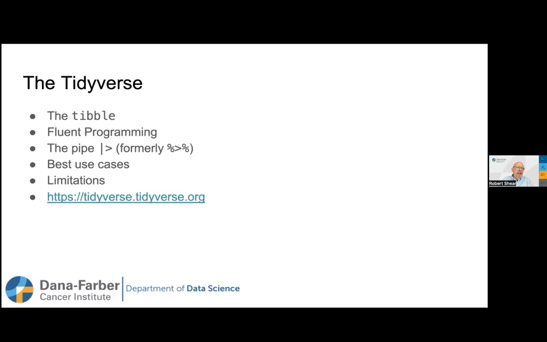So it's important to know, but it's also important to know where the main body of R is, the main body of R code, which is pre-tidyverse. And also that the tidyverse is under rapid evolution. There's something called bio-tidy or tidy Bioconductor.